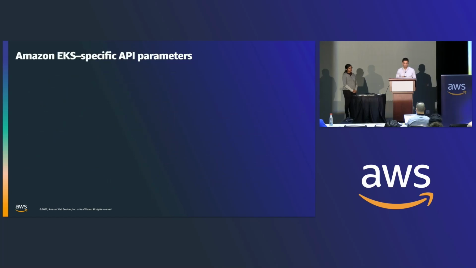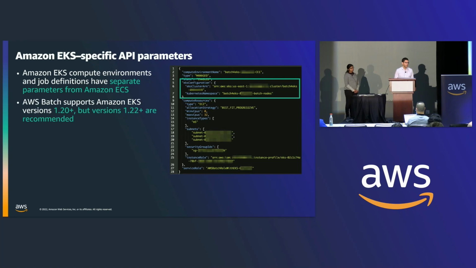Let's move on. So let's look at a couple of specifics here. As I mentioned before, you define a compute environment using our API. This is a shot of the API. We support any version 1.20 plus. We actually recommend 1.22 because during some of our load testing, we think that 1.22 provides slightly better performance with respect to the kube scheduler and what batch is placing on there.